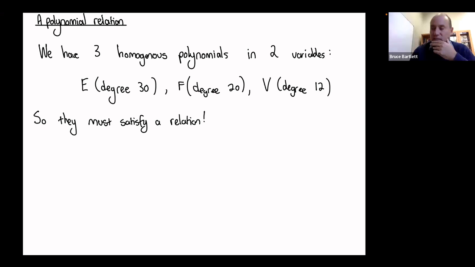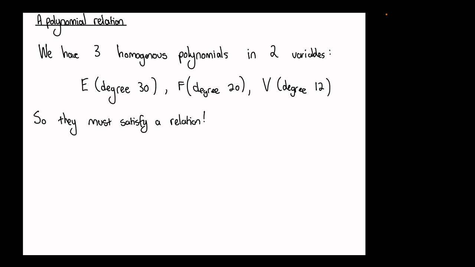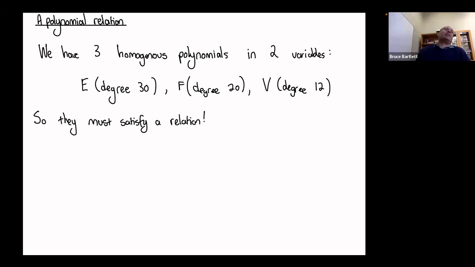Now I'm just thinking about that result from graph theory, v plus f minus e is 2. Basically, you've got three functions on C2, essentially. And so at some point they have to satisfy a relation.